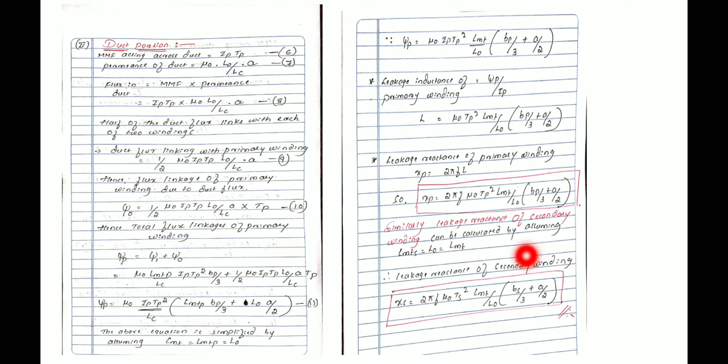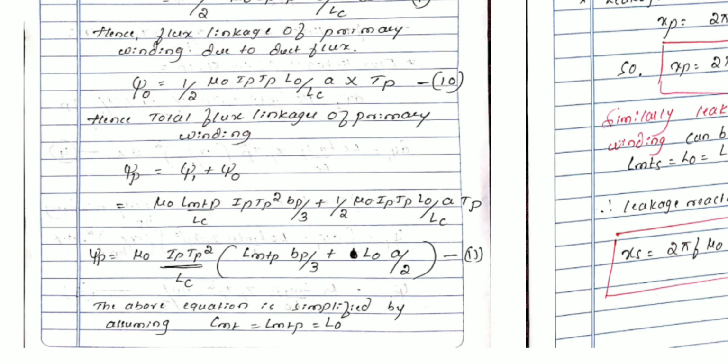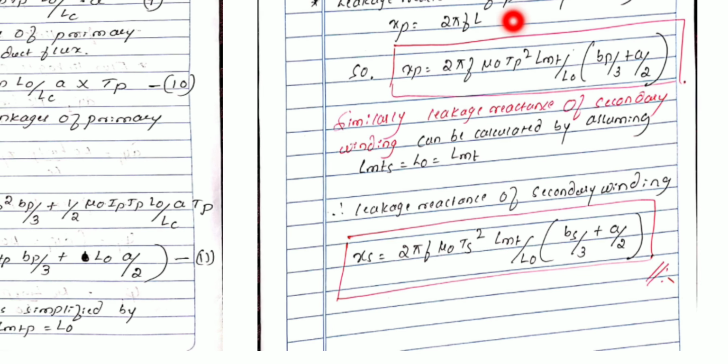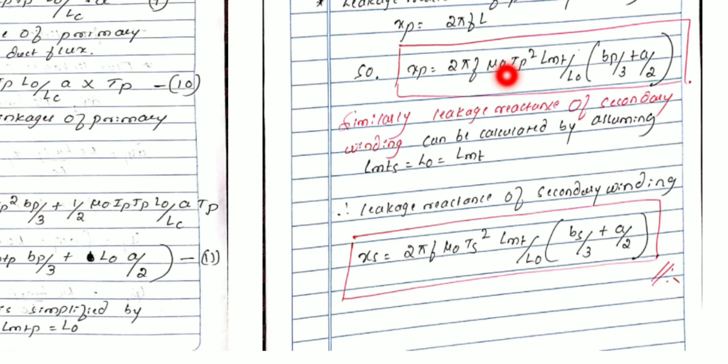Leakage reactance of a secondary winding: here for primary we had done XP, here for secondary we are taking XS now. So wherever in the above equation we had considered the primary, we just have to consider it for the secondary side. The equation will be the same.